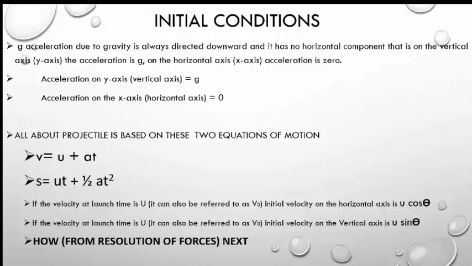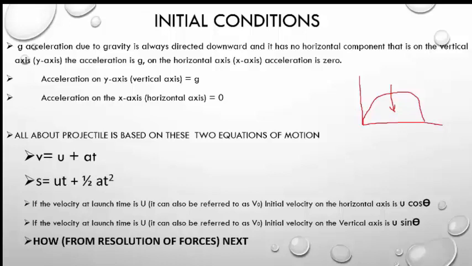Acceleration due to gravity is always directed downward, and it has no horizontal component. The acceleration is always directed downward because it's acceleration due to gravity.